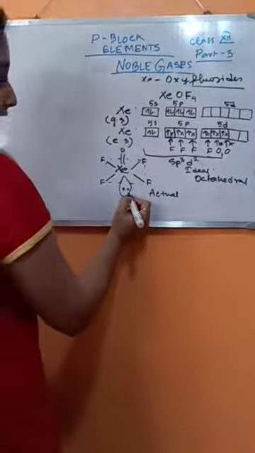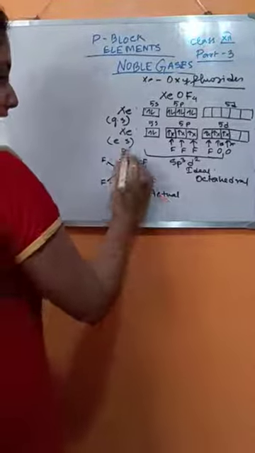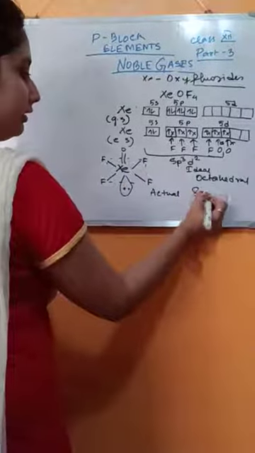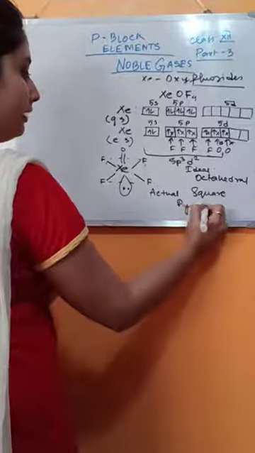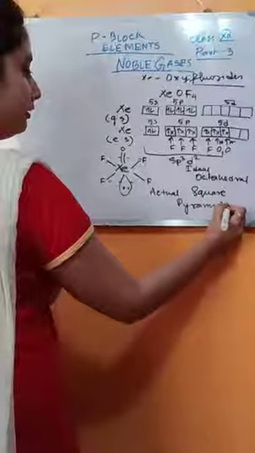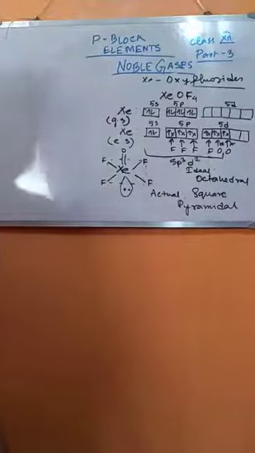One lone pair of electrons is present, so the actual structure will be square pyramidal.